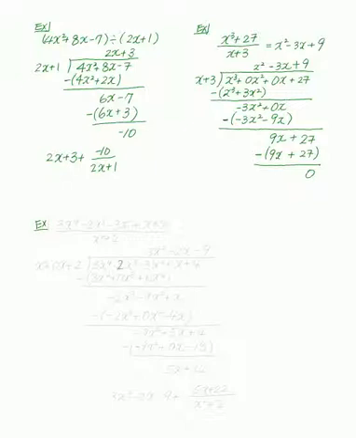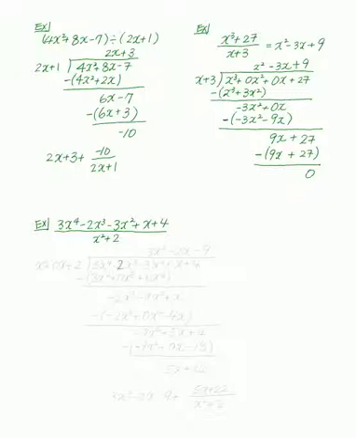One last example. This is a big one. I'm going to have 3x to the fourth power minus 2x to the third power minus 3x squared plus x plus 4 divided by x squared plus 2.